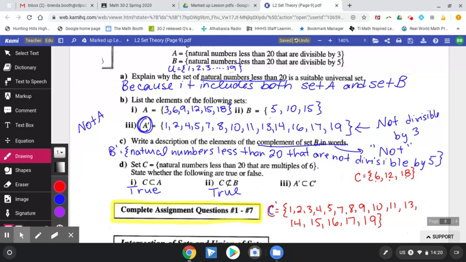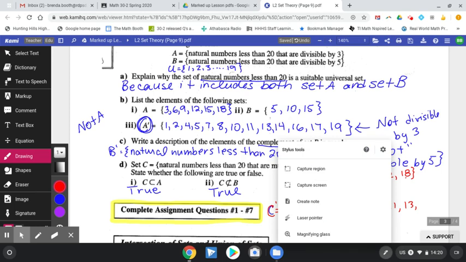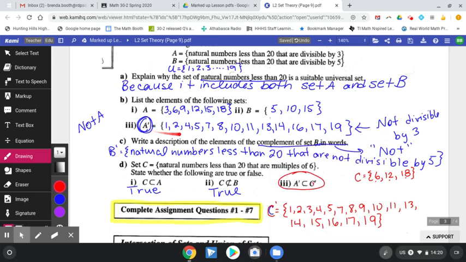All right, so let's compare now. Here's the question. The complement of A is a subset of the complement of C. So let's look. If all of these numbers are also here, then we are going to say true.